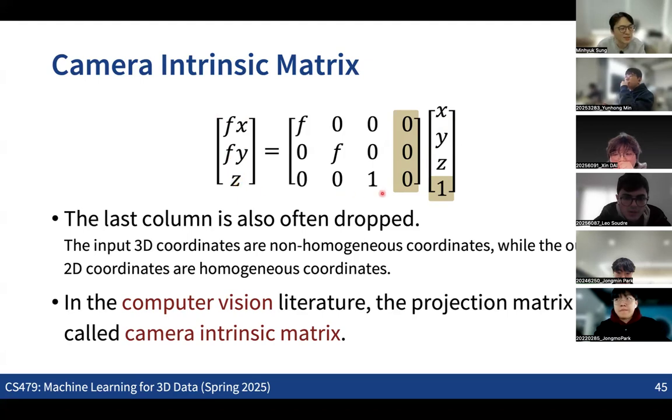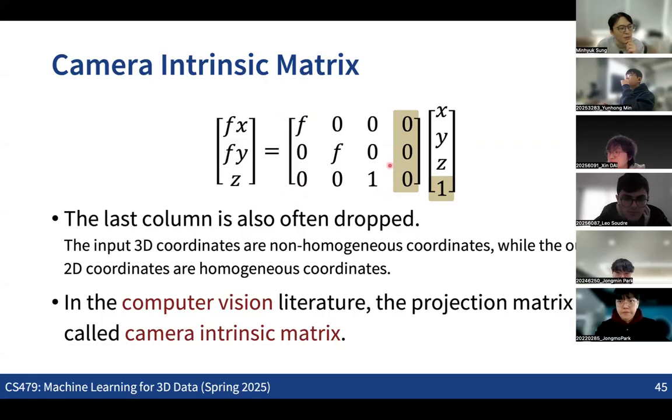So now we can represent this projection not with a 4x4 matrix, but with a 3x3 matrix, ignoring the z coordinates for the projection and not using homogeneous coordinates for the input, but only for the output here. Okay, so the projection matrix is now represented with a 3x3 matrix.